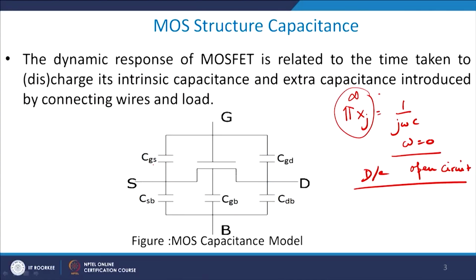Whereas when you have a variable frequency, which means you are working in the AC domain and the frequency of the AC signal is varied from some x to y value, then this Xc, the capacitive impedance, which we assumed to be infinity when applying a DC, does not hold good. So, you will now have a finite impedance, and as a result we have to replace this by a frequency dependent resistive element, and that is the problem area of a MOS structure.